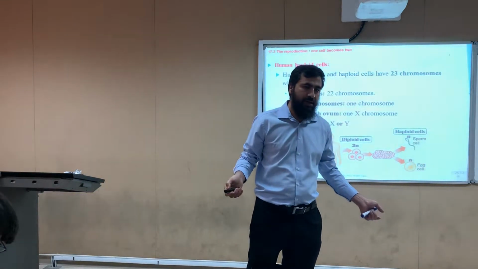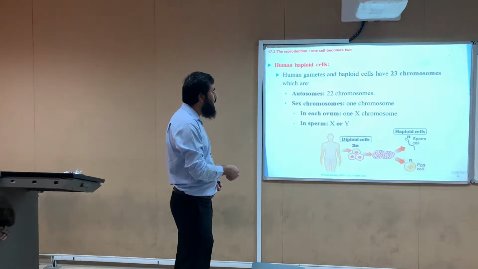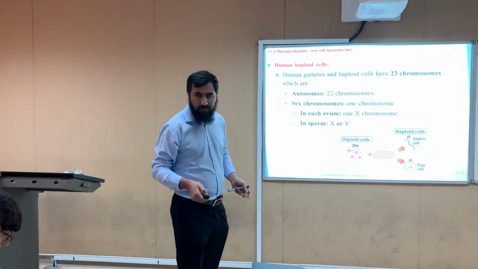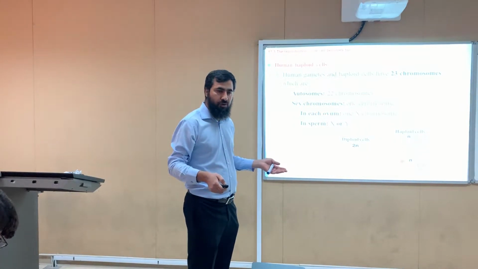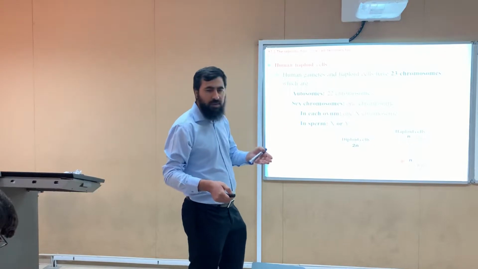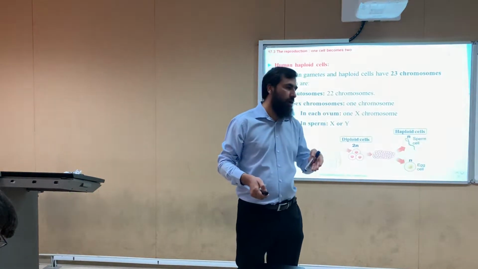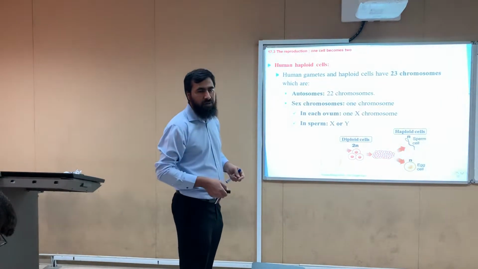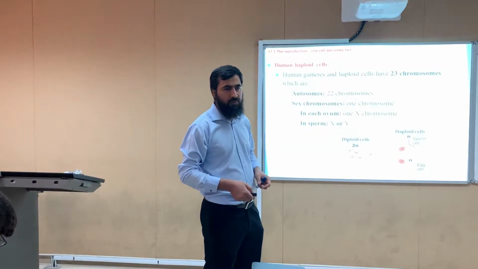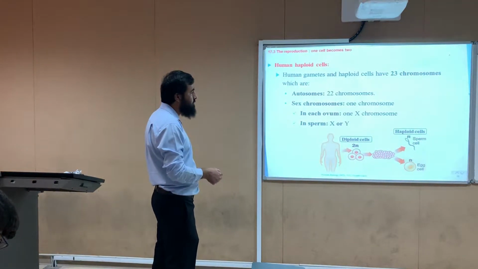They cannot contain Y. In the case of the sperm, it provides X or Y. Because males have XY chromosomes, the sperm has a 50% chance of being either X or Y. And this is how the gender of the child is determined by the sperm itself. Okay? So any questions on that?